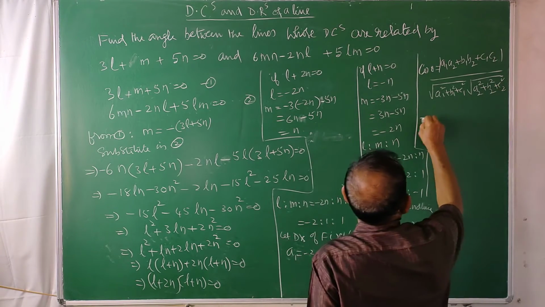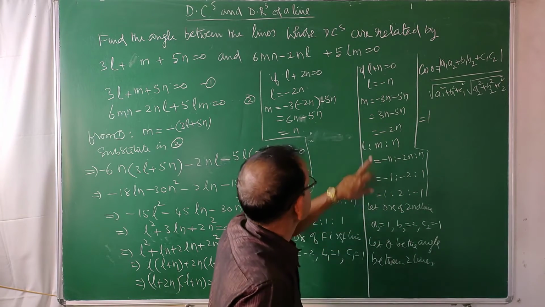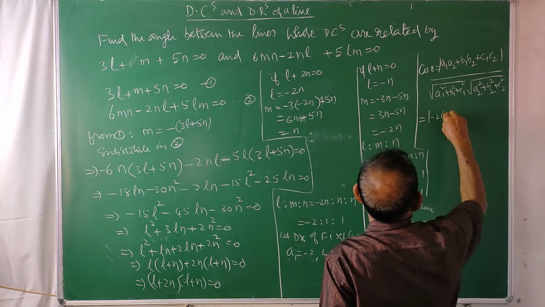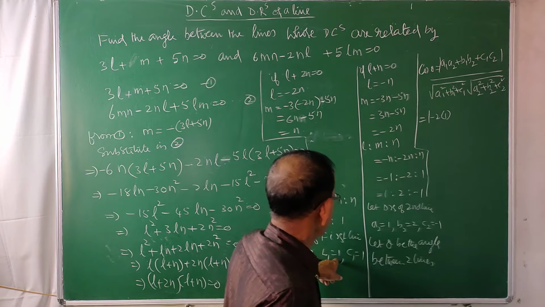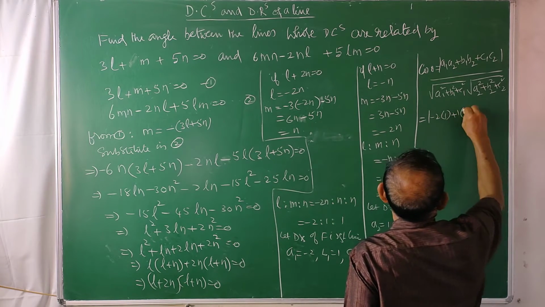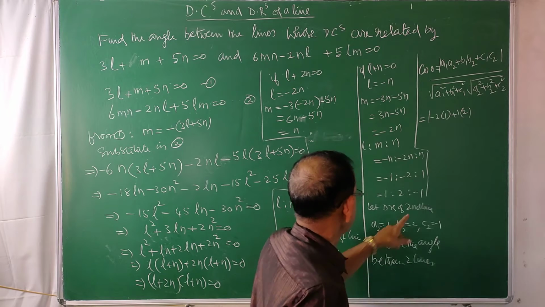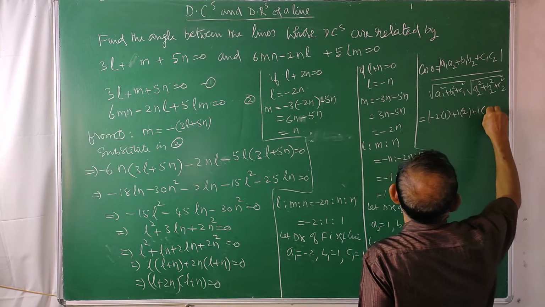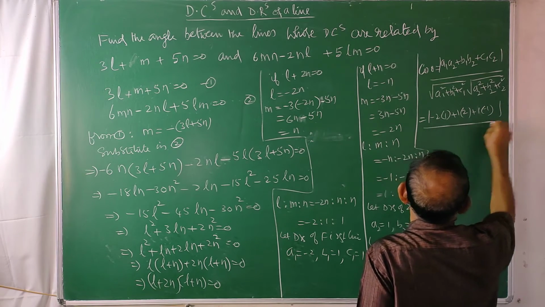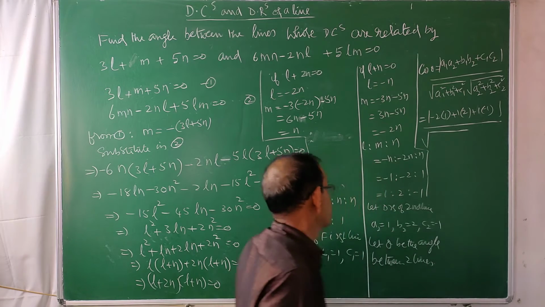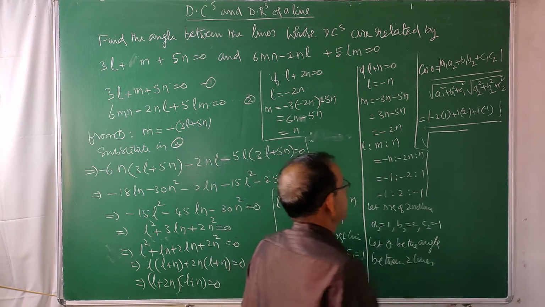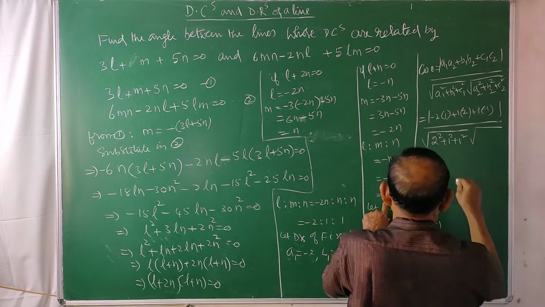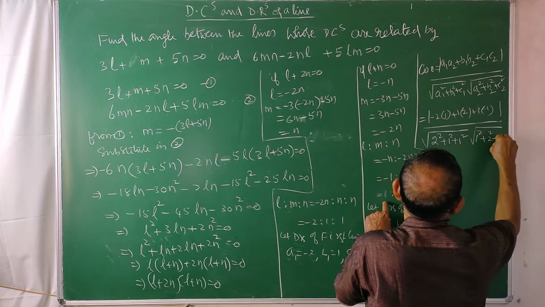So that is equal to modulus of A1 into A2, minus 2 into 1, plus B1 into B2, 1 into 2, plus C1 C2, 1 into minus 1, by root of A1 square plus B1 square plus C1 square, 2 square plus 1 square plus 1 square, into root of 1 square plus 2 square plus 1 square.